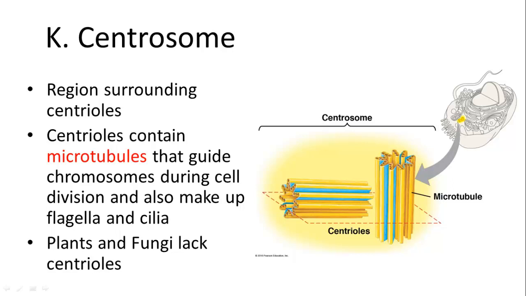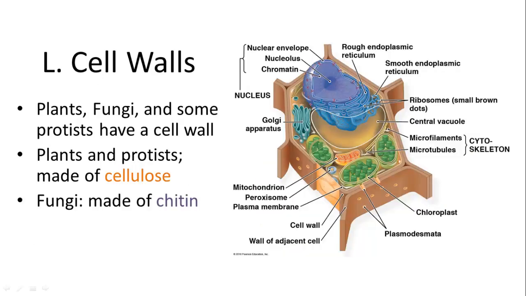But plants and fungi lack centrioles, so they have actually a different method for dividing the chromosomes for cellular reproduction. Cell walls, these are also not found on all cells, but plants, fungi, and some protists have a cell wall. It's an extra layer of protection. In plants and protists, this cell wall is made of cellulose, which is a carbohydrate we talked about. In fungi, it's made of a different carbohydrate called chitin.